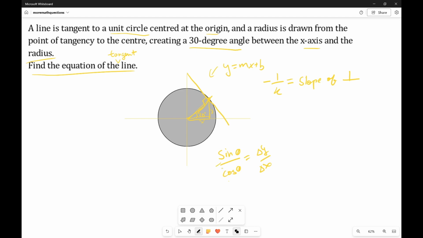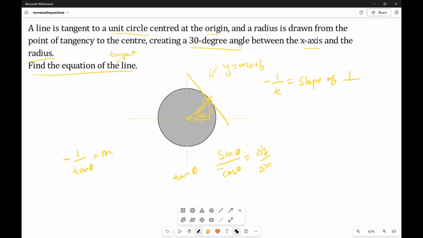And sine theta over cosine theta is the same thing as tan theta. So if tan theta is the slope of the radius, then the slope of our tangent line will be negative 1 over tan theta. That is equal to our m value in y equals mx plus b.